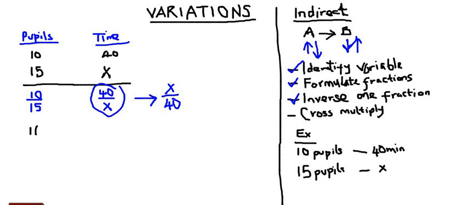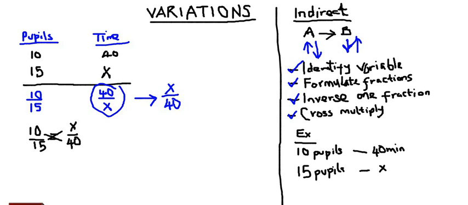So we have 10 over 15. The constant ratio will be with the inverse fraction, which is x over 40. So here we can now proceed to cross multiply and find the time that the 15 pupils will spend.